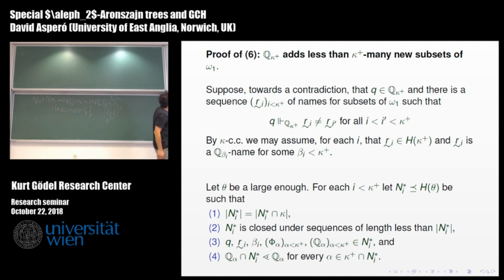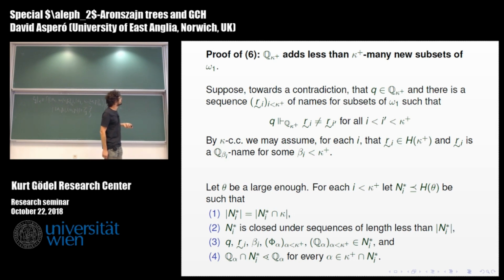Now, by kappa-cc, which I've presumably already proved, I can assume for each i that Ri is in H kappa plus, and Ri is a Q beta i name for some beta i less than kappa plus. Sorry, that would only use the kappa plus CC? Yeah, sure, that would be kappa plus CC.